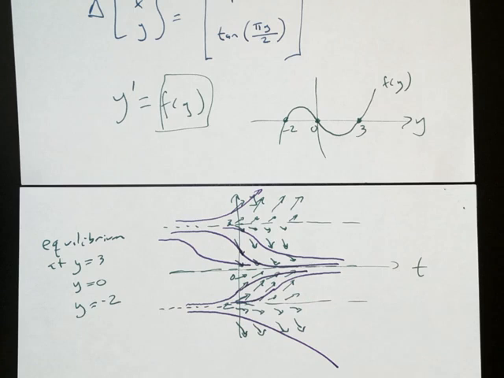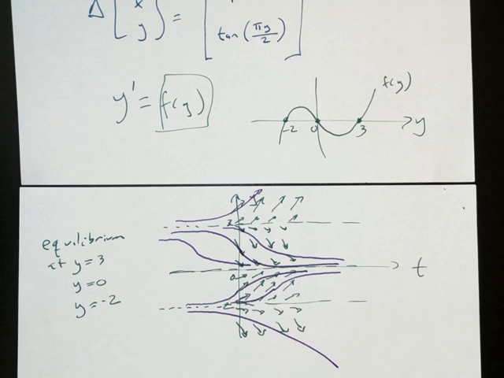The limit as I go to the right, as t goes off to infinity, depends on which section I'm in, doesn't it? The limit as I go to the left, as t goes to -infinity, depends on which section I'm in. Now you can tell me stable or unstable. For each equilibrium, do I go away from it or do I go towards it?